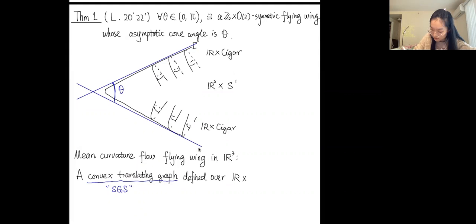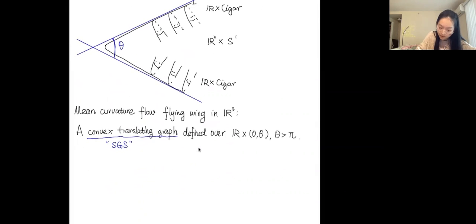We're defined on this region in R2, where theta is greater than pi. Let me also draw a picture of this mean curvature flow flying wing.